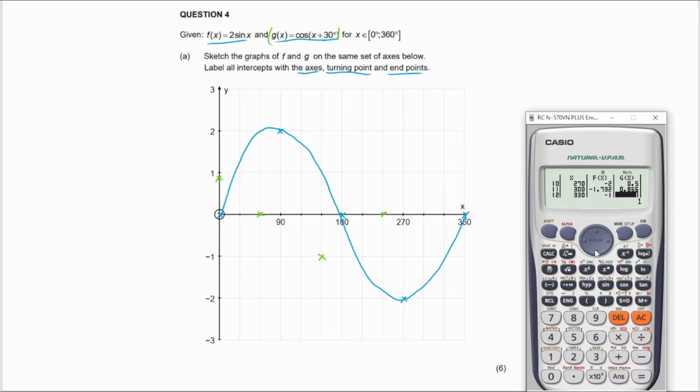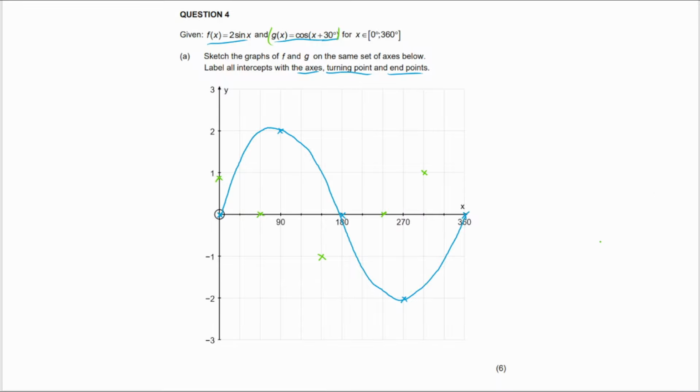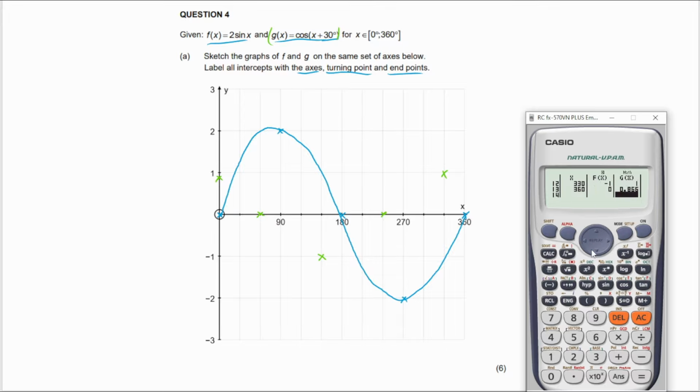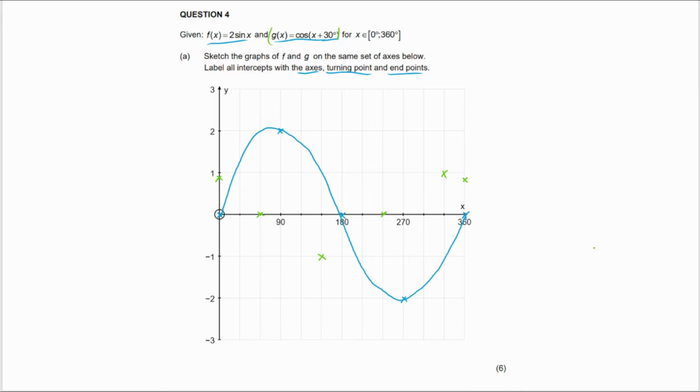Then do we turn again? Yes, we do. We turn at 330, which is up here. Sorry, that is not 330. 330 is over here. We turn over there, and then our endpoint is 360 and 0,9 again over here. So this is how g of x would look.